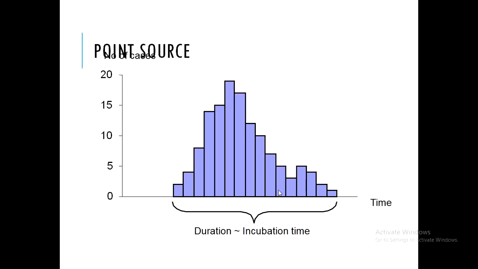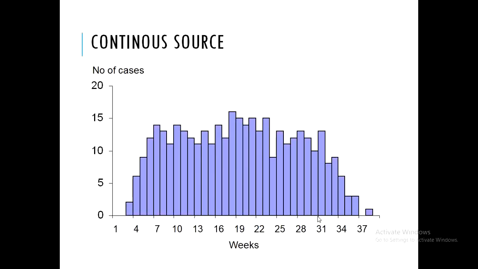So, just a recap: a point source epidemic shows a rapid rise and a rapid fall, and the duration reflects the incubation period of the disease. The continuous source epidemic starts with a rapid increase in the number of cases, and then a plateau is maintained until the continuous source is removed from the population.